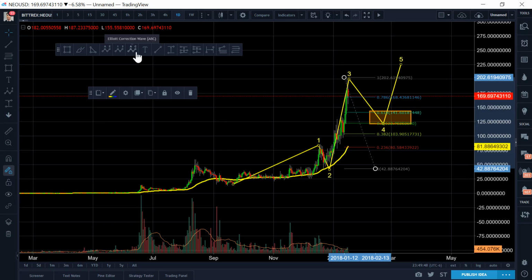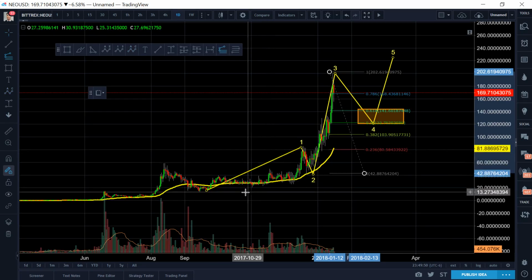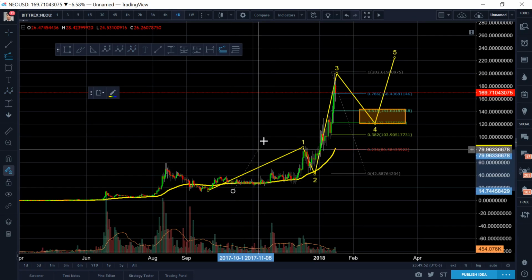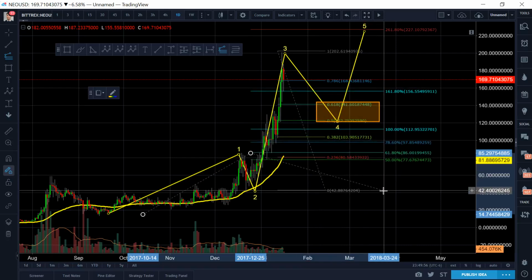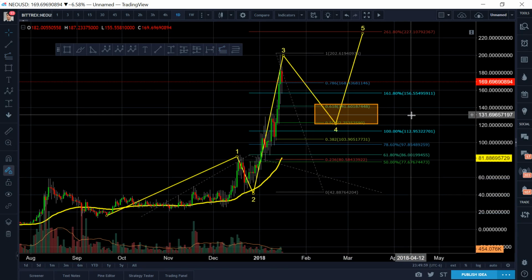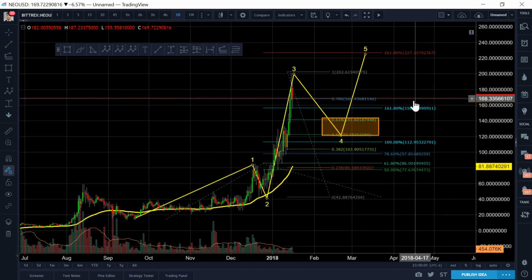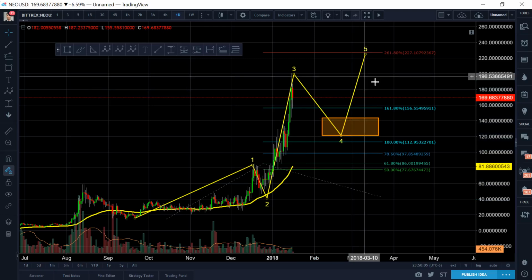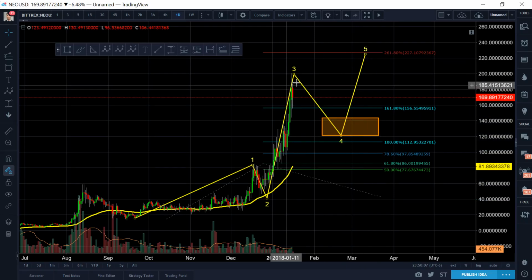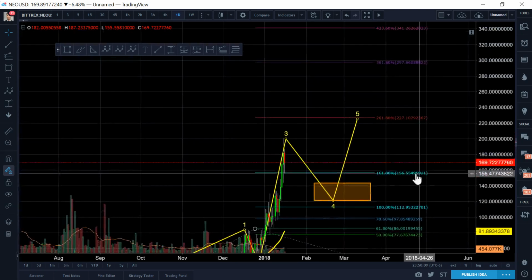Let's say that that was the case. We're going to use extensions from this first wave, and we see first of all what the third one got to, and what we see is that the third one got to above 161.8.